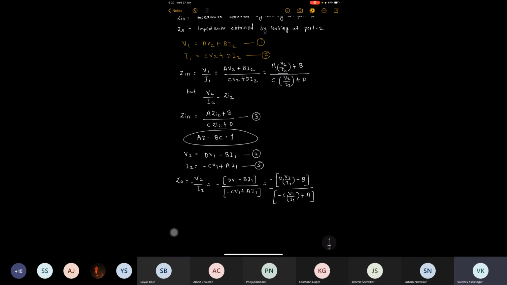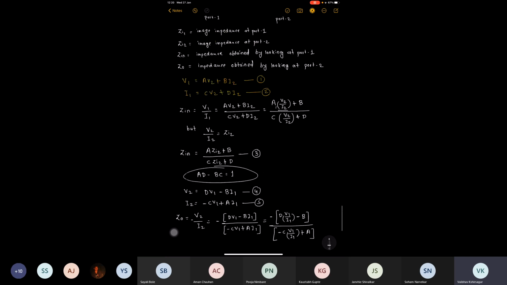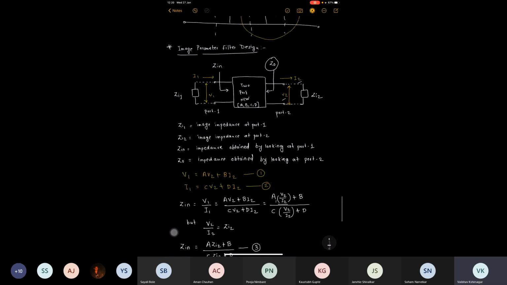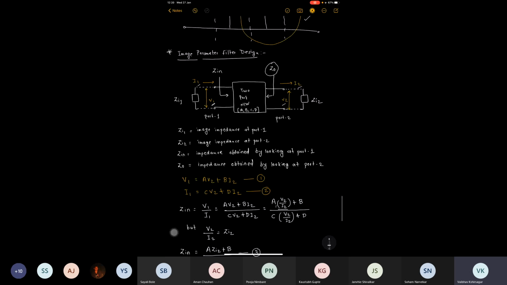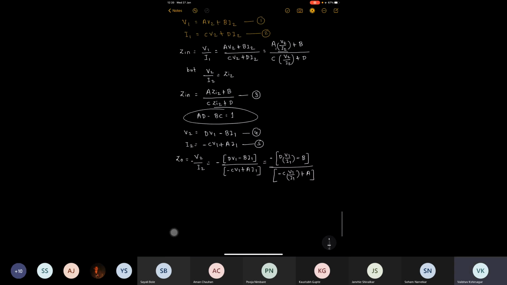How can this be written? Now what is V1 divided by I1? V1 divided by I1 is nothing but ZI1, that is the image impedance.